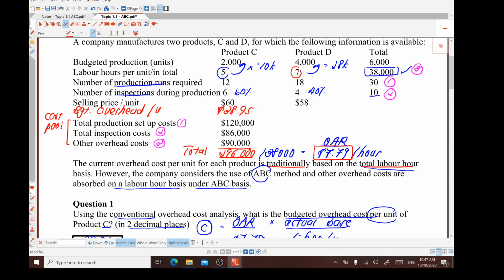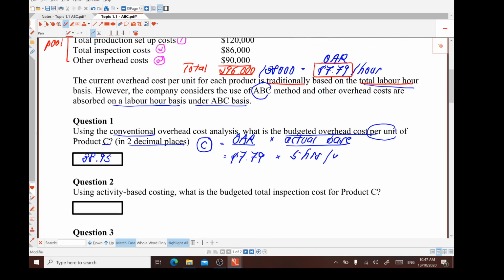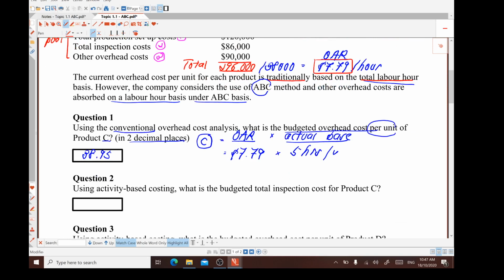And let's see what do we get. Now this is in fact a 54.53 per unit if that's under traditional method. All right, so I'm trying to produce and generate as much information as possible here, because that would further be used later on in other questions, right? So that's the first part.